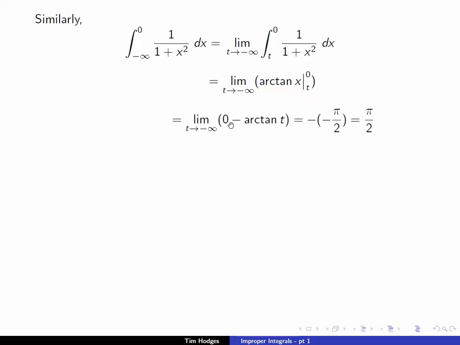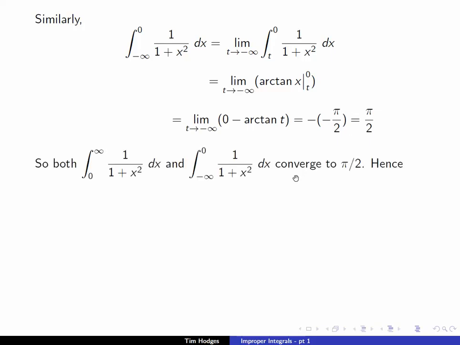So that's arctan 0 minus arctan t. Arctan 0 is 0, and as t goes to negative infinity, arctan t tends to negative pi over 2. So the two negative signs cancel out, giving us a plus pi over 2, as we expected.